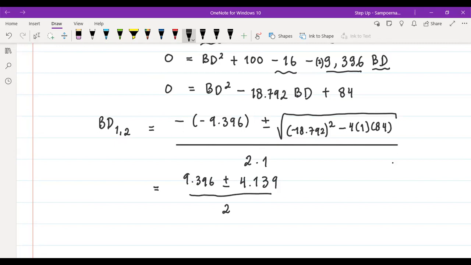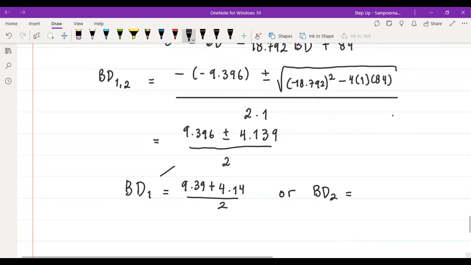Divided by 2. So I have two possible answers. BD1 is 9.39 plus 4.14 divided by 2, or the second answer BD2 equals 9.39 minus 4.14 divided by 2. Okay, do you get it? Yes, sir.